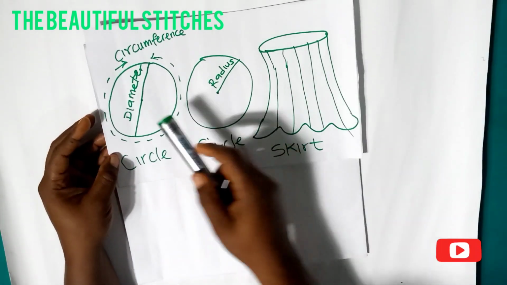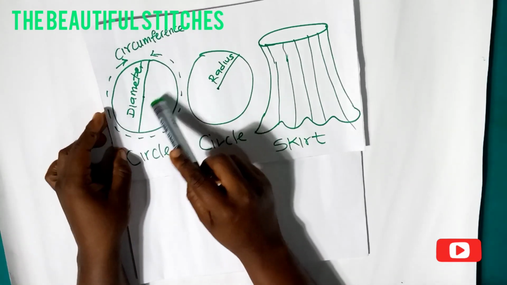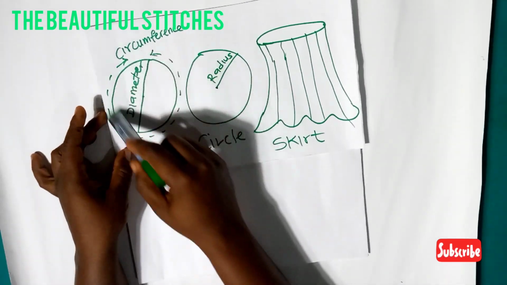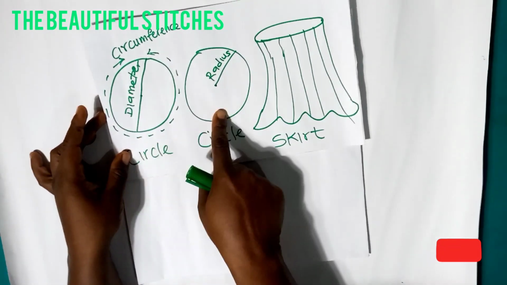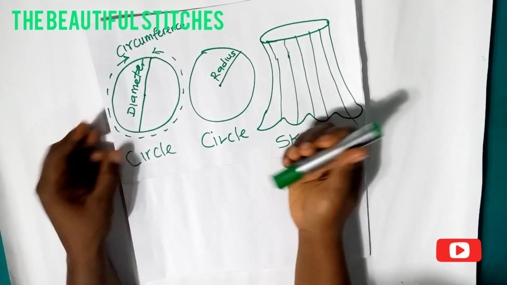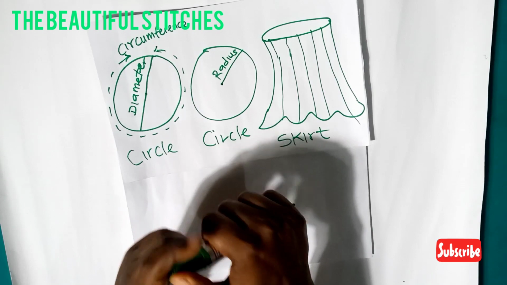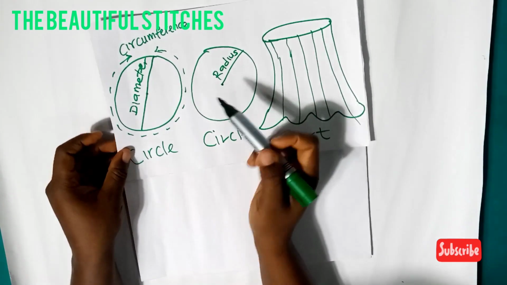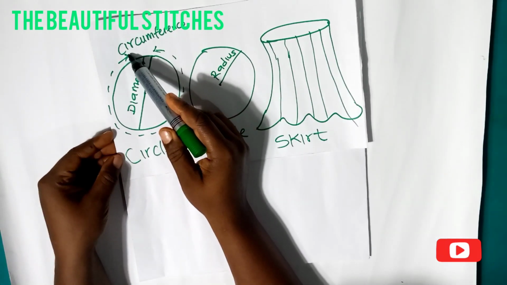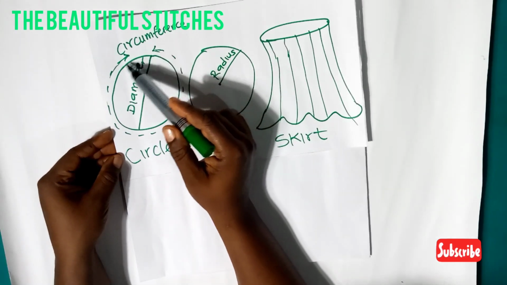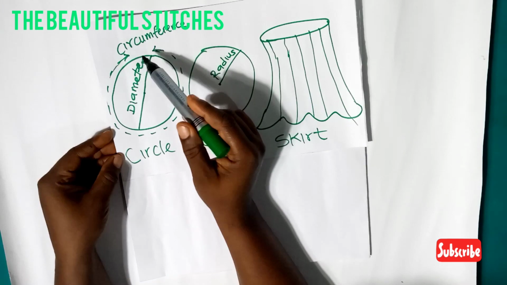Okay, here we have our circle. This is an example of what we call a circle. As you can see, this is a circle, this is a circle also. Then for us to know the circumference, as you can see, my arrow from this point round the circle is the circumference of the circle.